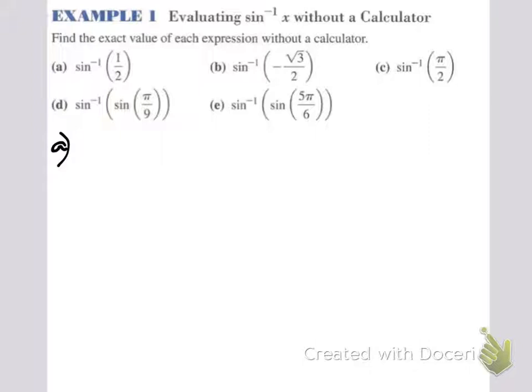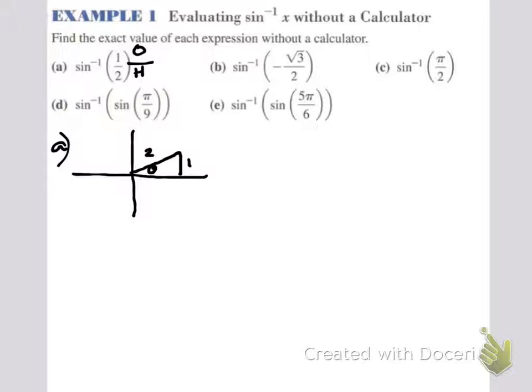Now it's, here's the ratio, tell me what the angle is. So we're going to make our reference triangle. Sine is positive in the first quadrant, so we go there. Here's my theta. Opposite over hypotenuse, so that's 1 over 2.